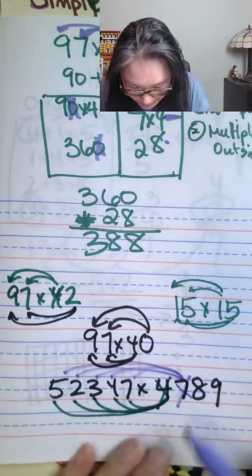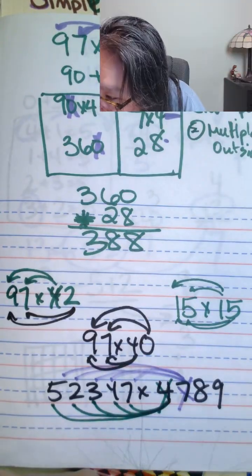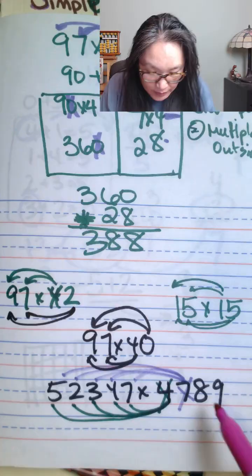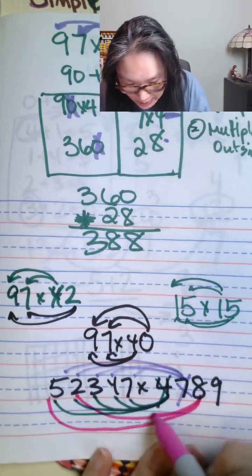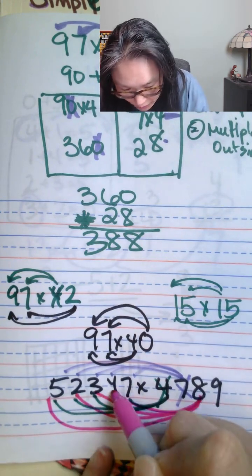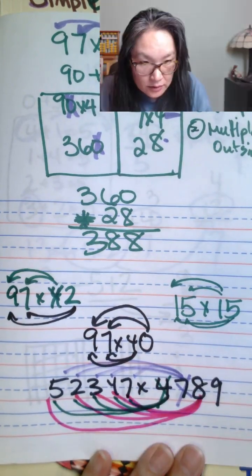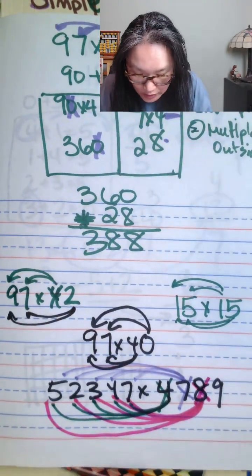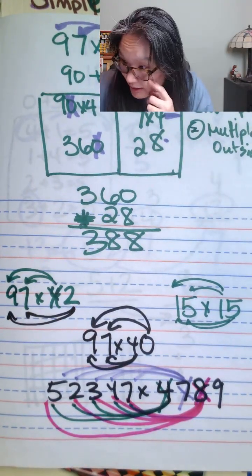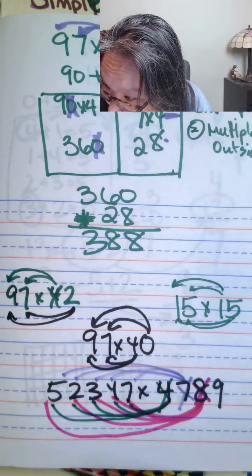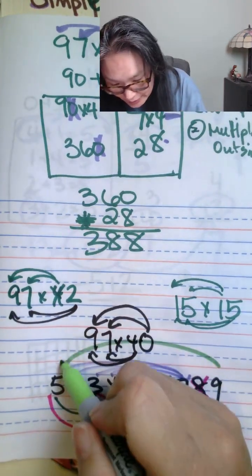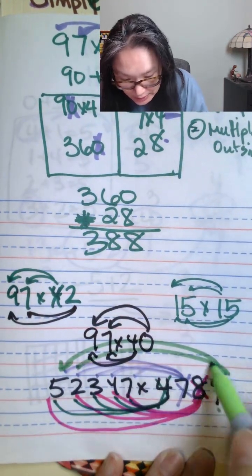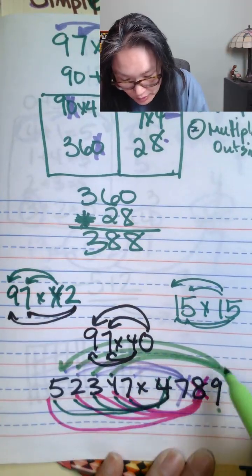When that's done, it'll be 8 times 5, 8 times 2, 8 times 3, 8 times 4, 8 times 7. Then we do the final one, which is the 9: 9 times 5, 9 times 2, 9 times 3, 9 times 4, 9 times 7.